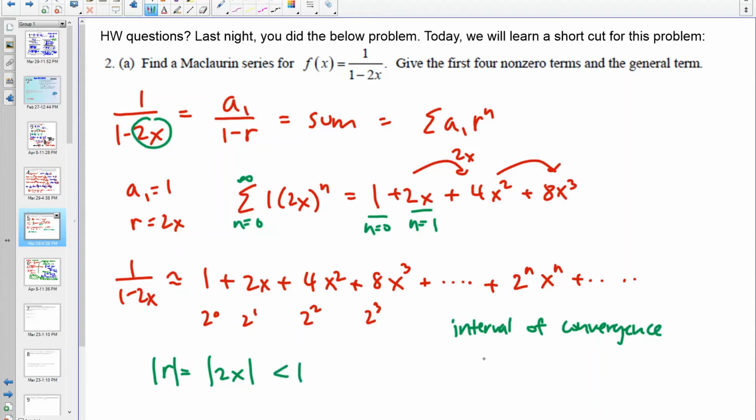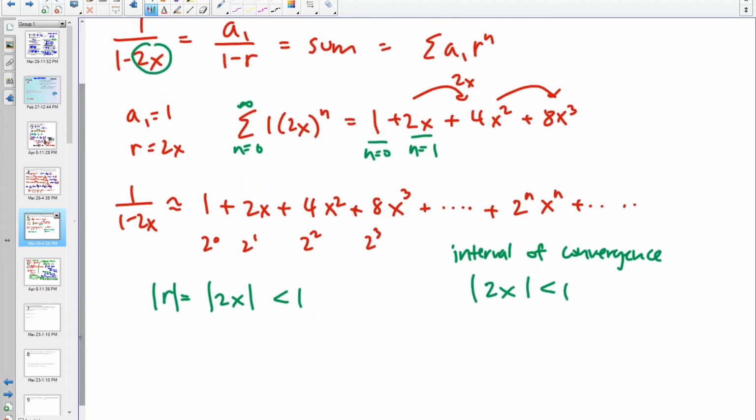So what you have to do if they ask you for the interval of convergence is say, well, the absolute value of 2x must be less than 1. How do I get out this absolute value? So that'll be negative 1 is less than 2x is less than 1. Divide every single portion here by 2 so that I can get the x by itself. So what I'll get is negative 1/2 is less than x is less than 1/2.